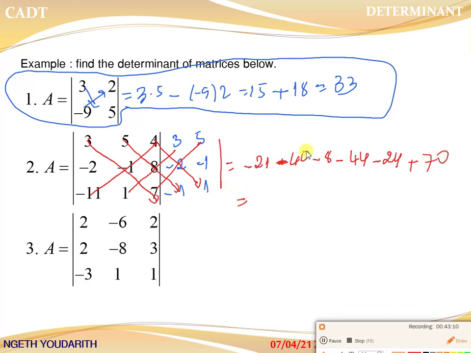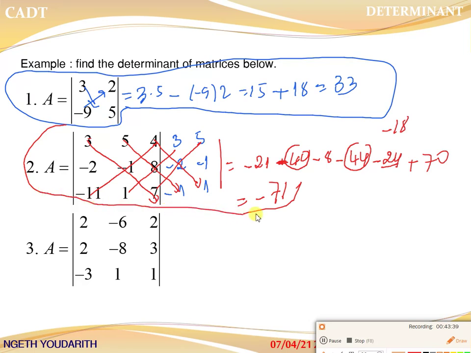So we get 88. 88 minus 18 is 70, plus 24 is 42... So this determinant is equal to negative 71.